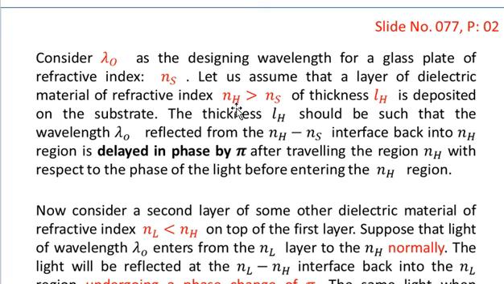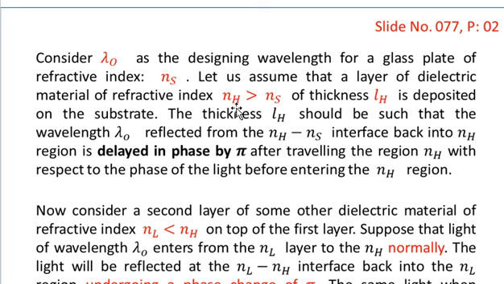The two-layer dielectric interface for enhanced reflection is shown in figure 77.1, that is in this figure. So let me read the caption: two layers dielectric interface for enhanced reflection. Two layers mean that excluding the substrate coating, we have two coatings actually.